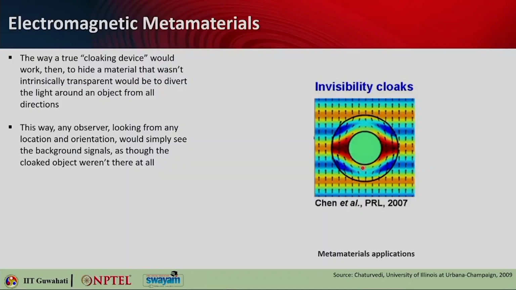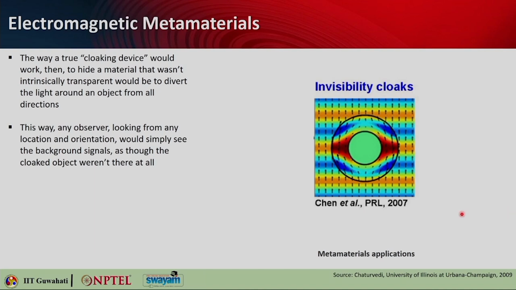A true cloaking device will hide this object from detection for light that is coming from any direction. That makes it more challenging. You are not just working in one direction, you have to design it in such a way that whichever is the direction of the incident electromagnetic wave, the wave should go around and then exit.